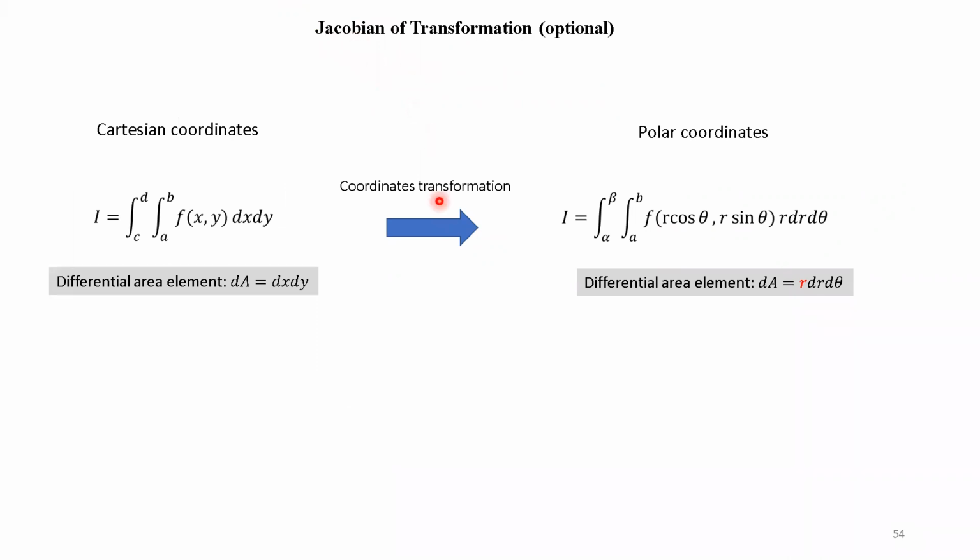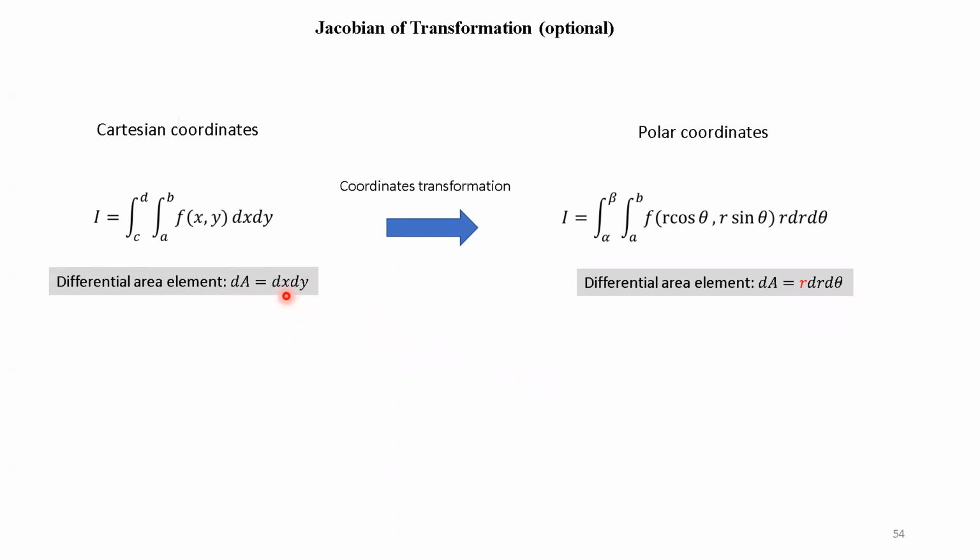Remember, in 2D or 3D, we have been going from one coordinate system to another. For 2D, we go from Cartesian coordinates to polar coordinates. And then we found that the form for the differential area element is not the same.